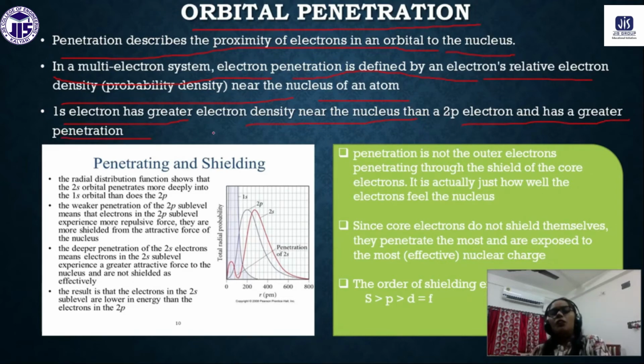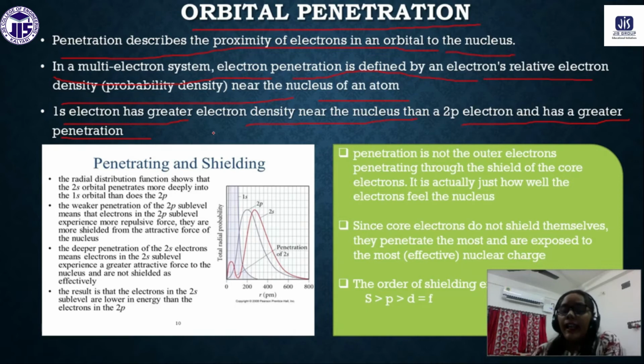Now I'm telling you what orbital penetration is. Around the nucleus, we all know we have a positive mass, that is the nucleus, and around the nucleus all the electrons are revolving, right?